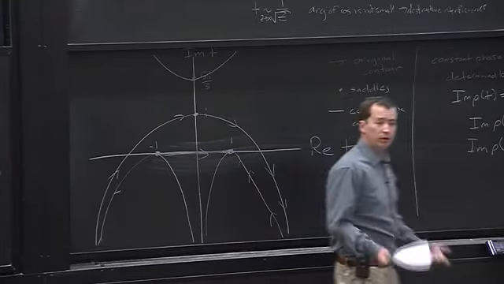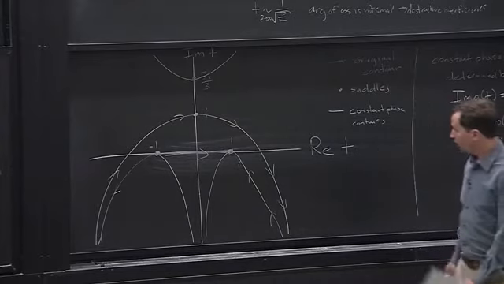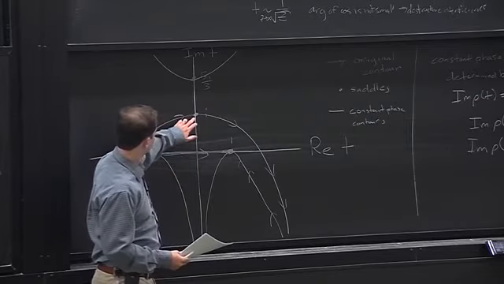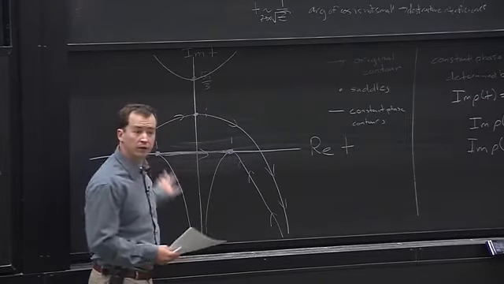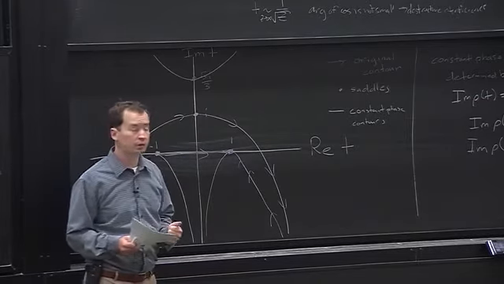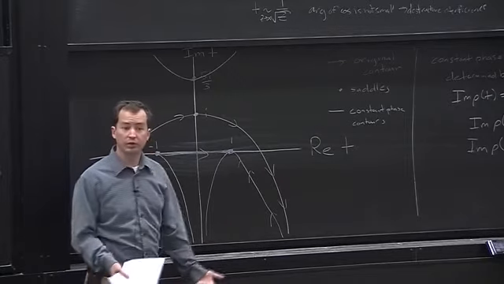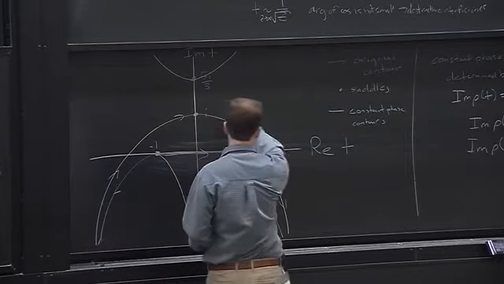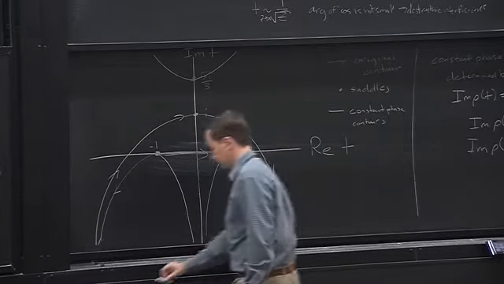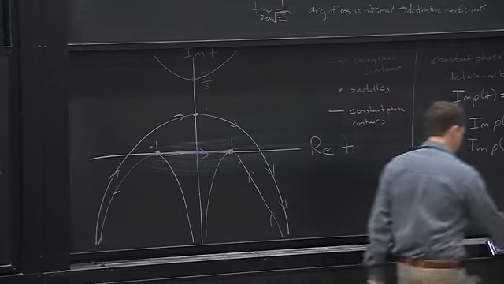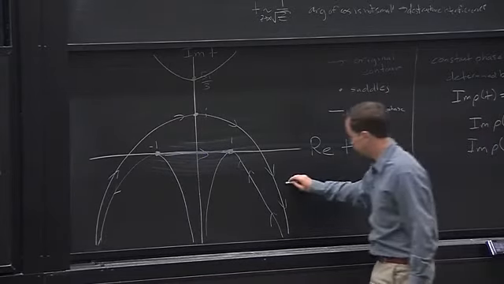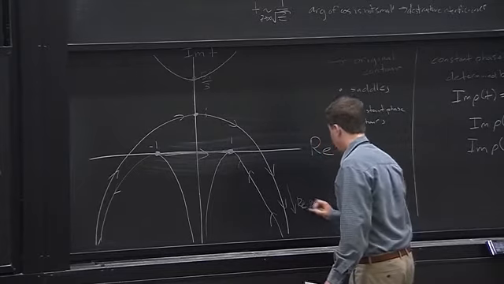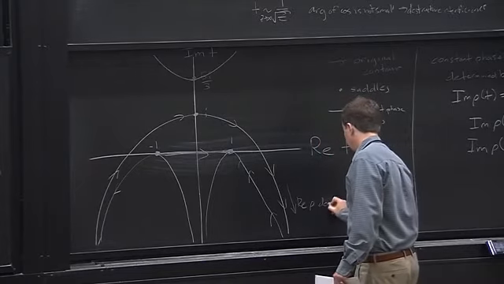And in general, we need to worry about the endpoints. And to see why, remember that these constant phase contours are also the contours of steepest descent of the real part of rho. So in this direction, the real part of rho is decreasing.